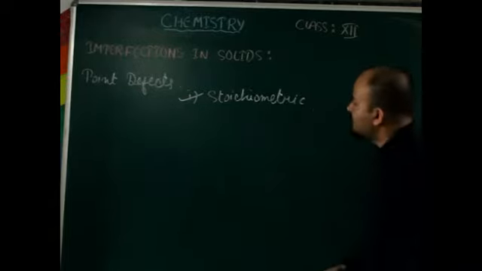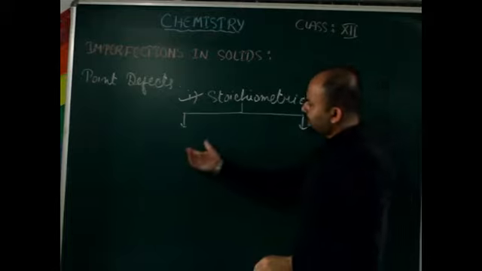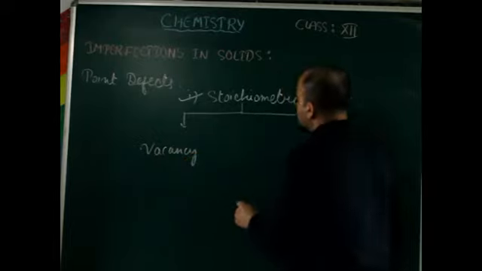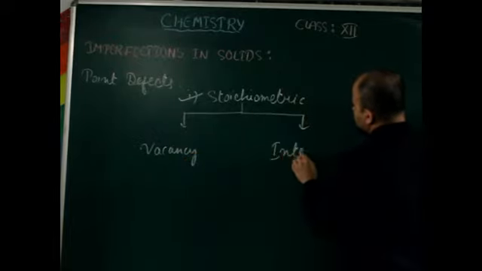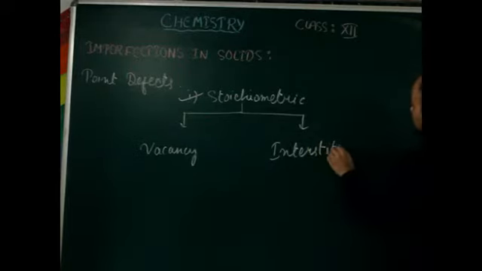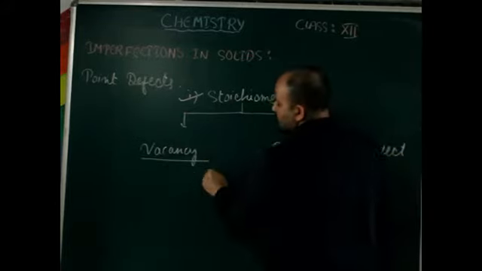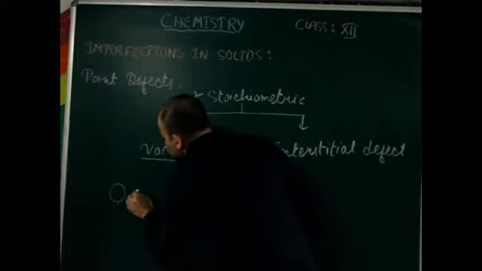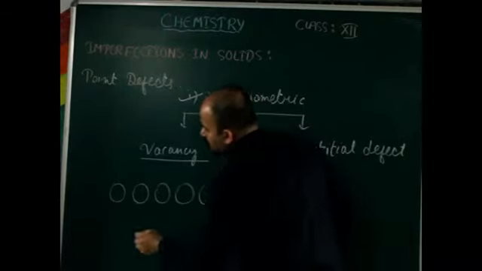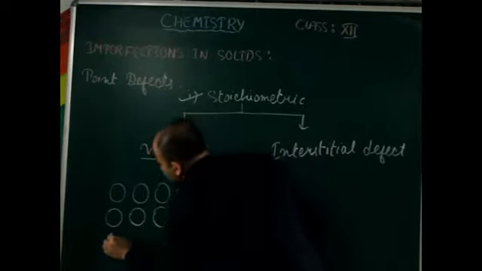The number one is vacancy defect. The other one is interstitial defect. The name itself suggests vacancy. Suppose you have a regular pattern of constituent particles. These are the arrangement of constituent particles.